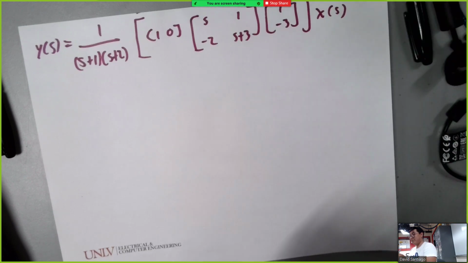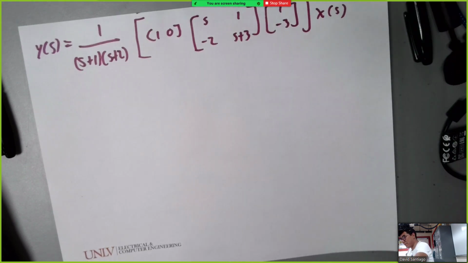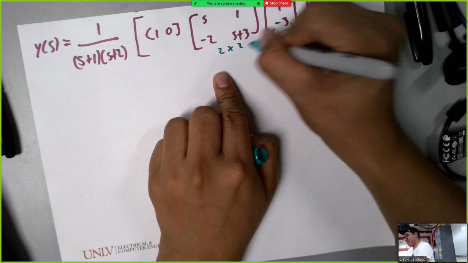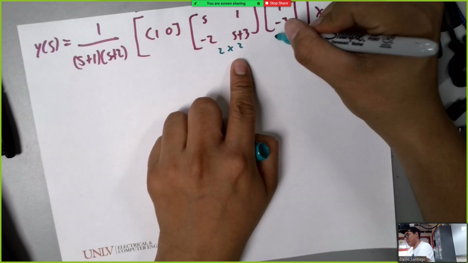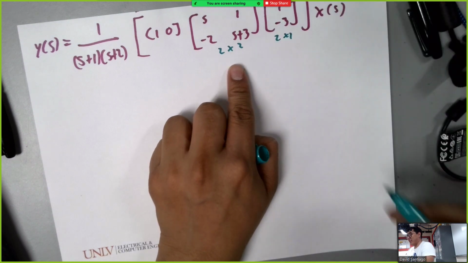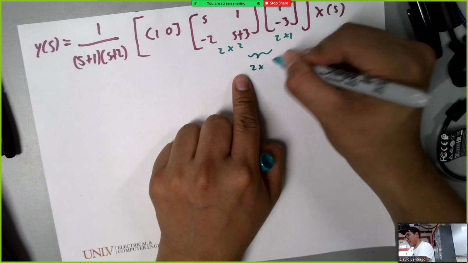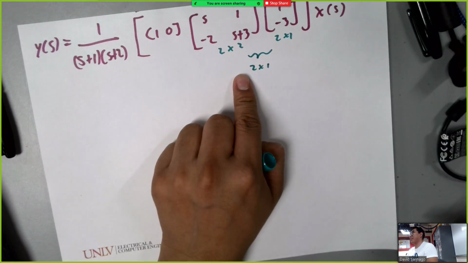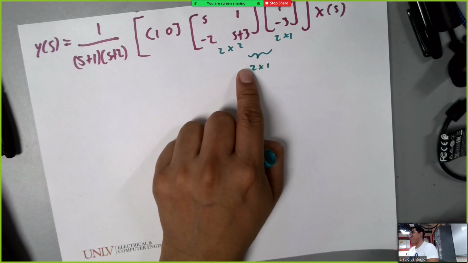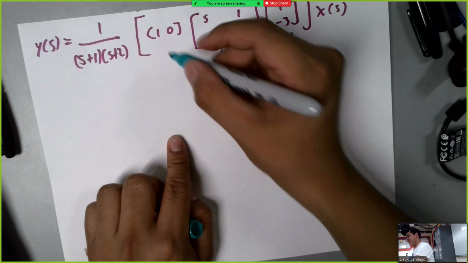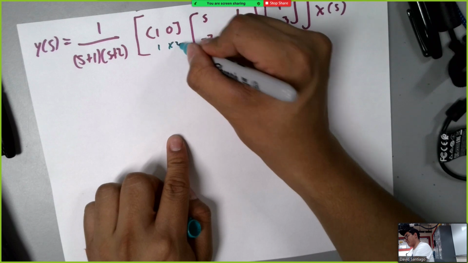Okay, making sense now? So there's two ways of approaching this. You can either go with, okay, here's a 2 by 2 square, right? Here's a 2 by 1, right? You can either do this to get a 2 by 1 rectangle, right? Or, you see the 0 right there? So this is a 1 by 2, right?